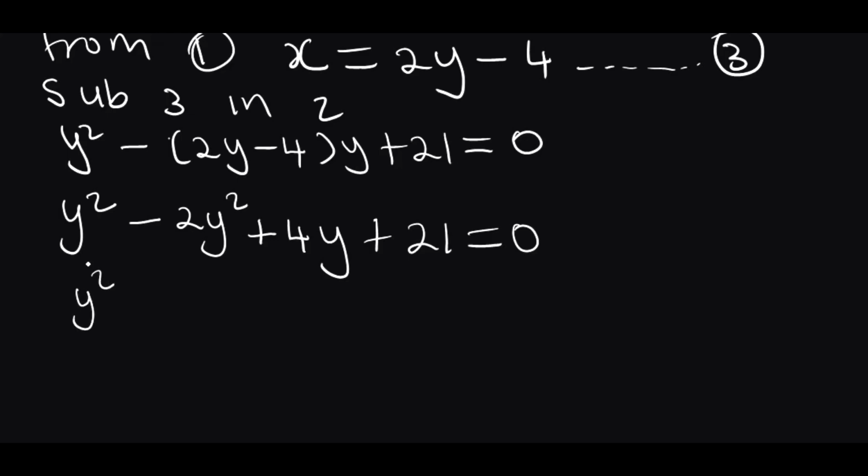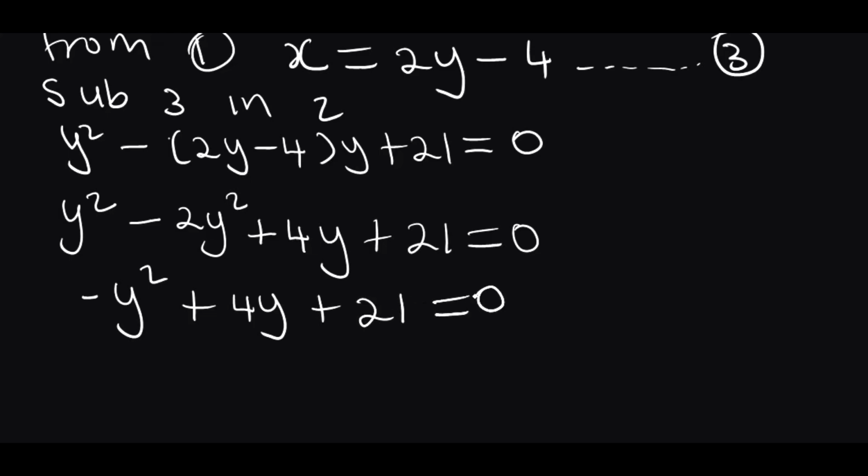Now we've got like terms. Now we need to add and subtract like terms. y squared minus 2y squared, that is going to be negative y squared, plus 4y plus 21, that is equals to 0.